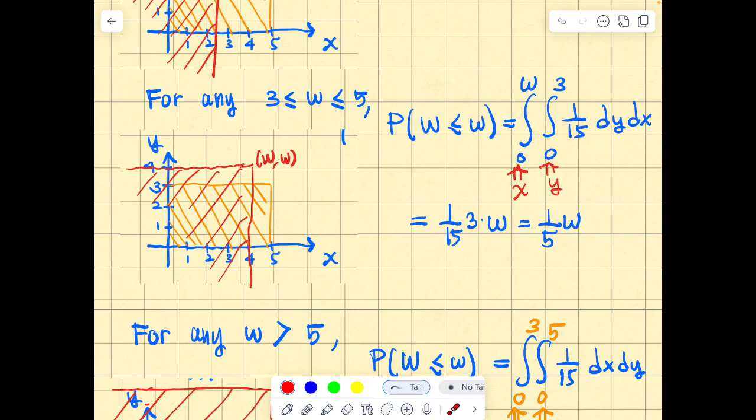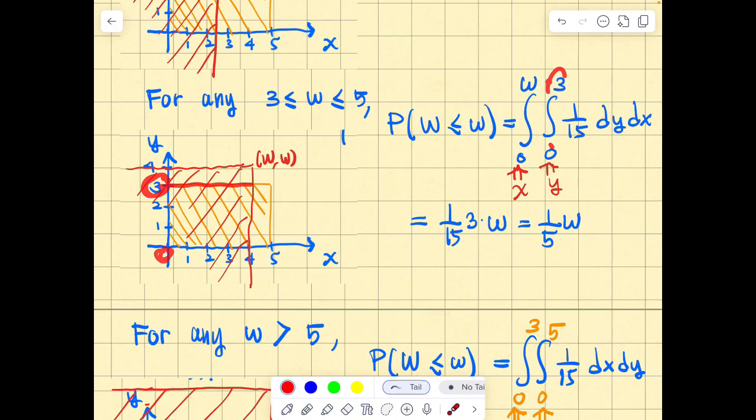So 5 is right here. So you see that the overlapping area is this much. Right? So again, we are integrating the joint PDF, which is 1 over 15. For the y value, we integrate from 0 to 3, right? Because that's where the joint PDF is non-zero.